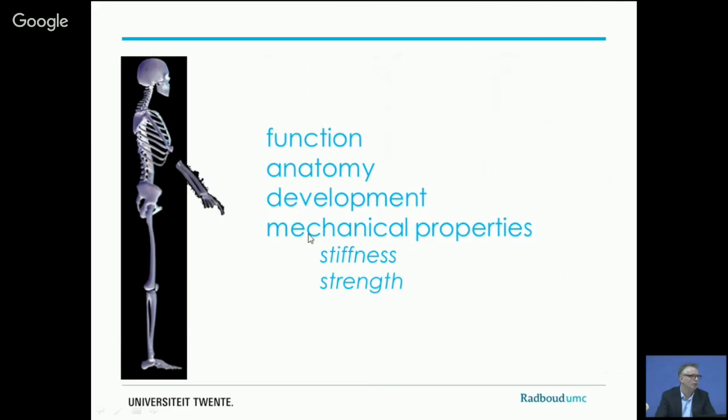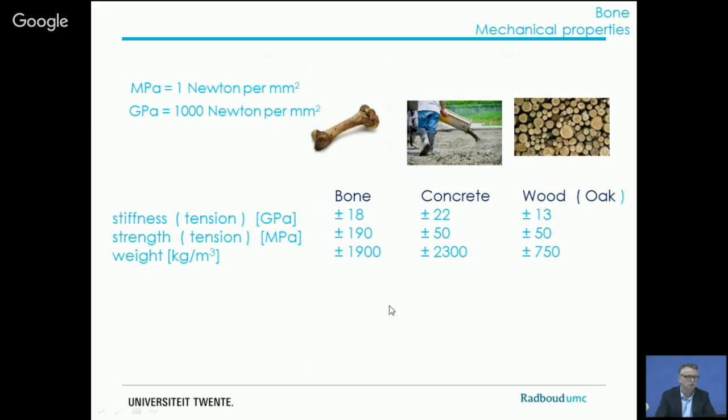Mechanical properties of bone. First of all, Professor Gupta already indicated, we talk about properties in engineering terms. We usually call it megapascal, and a megapascal is 1 Newton per square millimeter. Professor Gupta indicated that 1 Pascal is 1 Newton per square meter.